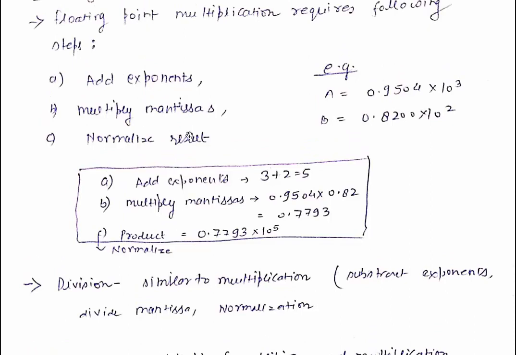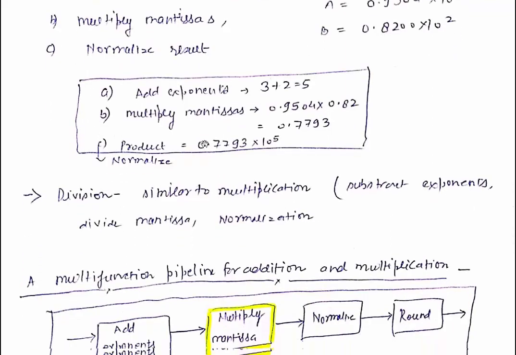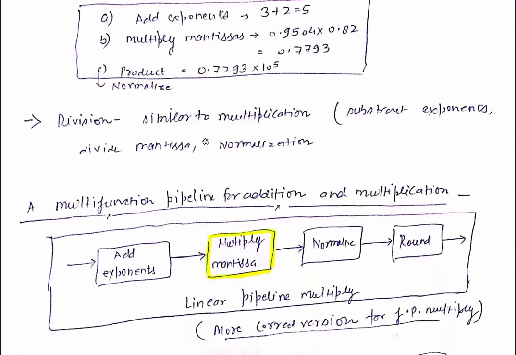Now we are going to look at how you implement a multifunction pipeline. Here I have taken the example of addition and multiplication: within a single pipeline, how you are able to achieve the result for addition as well as multiplication. In the last lecture we saw the capital X and capital Y. For capital X you can take the analogy of addition, and for capital Y the analogy of multiplication.